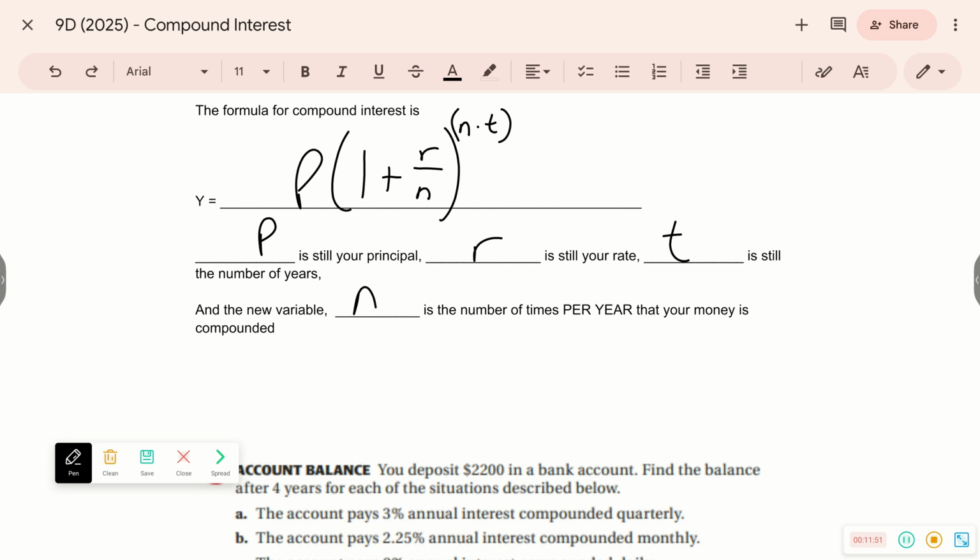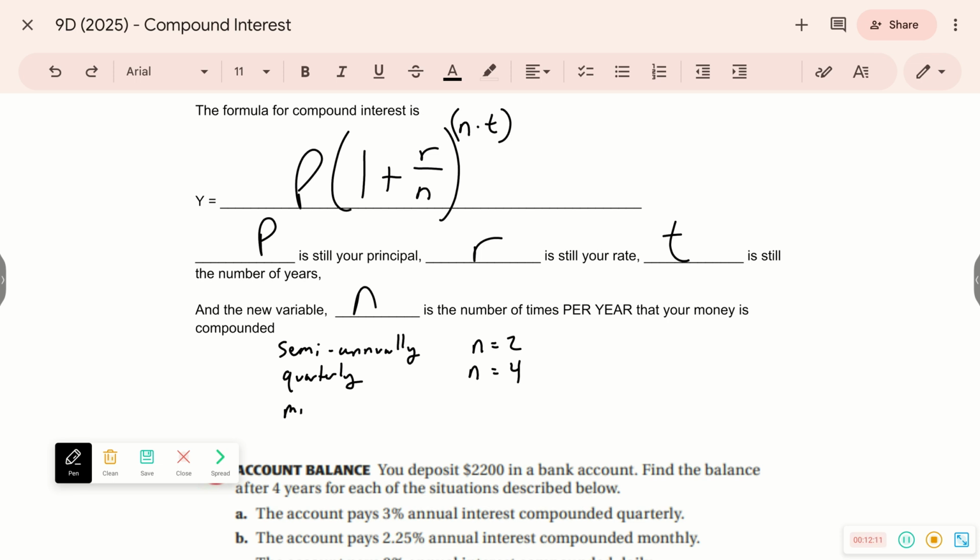So if it's semi-annually, N is 2. If it's quarterly, N equals 4. There's 4 quarters in a year.